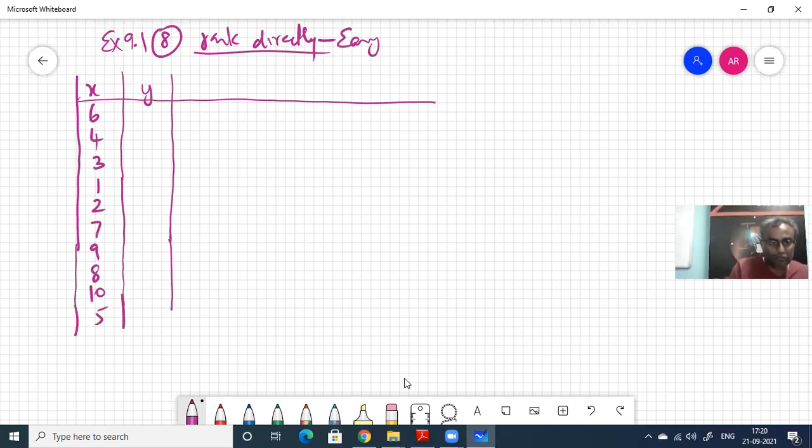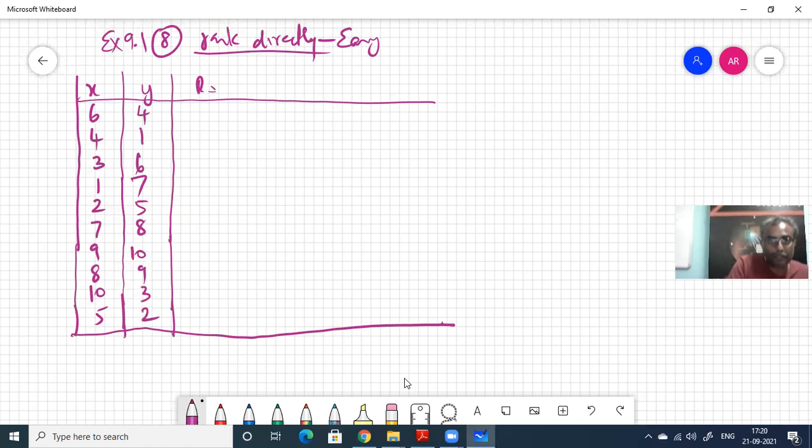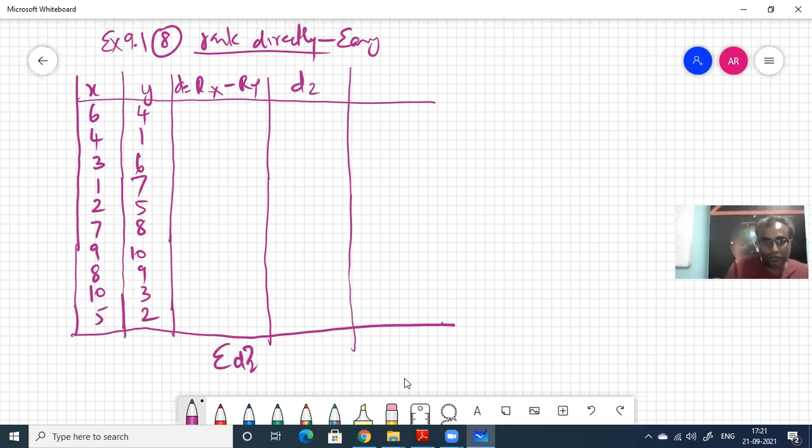For X, Y, what is the rank of Y? 4th, 1st, 6th, 7th, 5th, 8th, then 10, 9, 3, 2. Rx minus Ry is D. Then D squared you have to find, then sigma D squared.